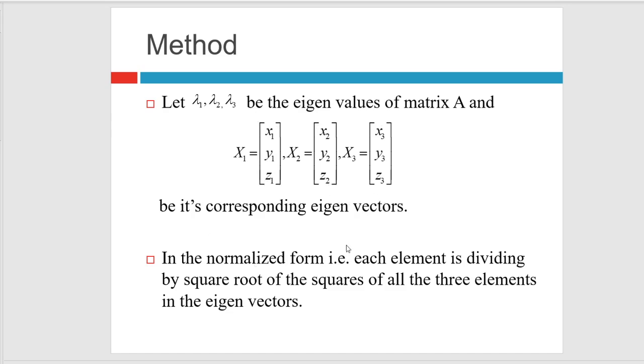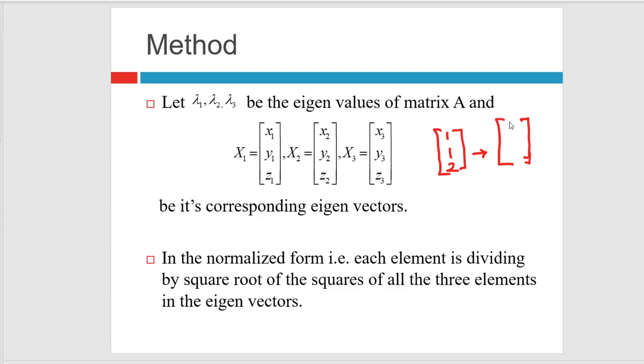Now the normalized form. Suppose here 1, 1, 2 is the eigenvector corresponding to lambda 1. Then the normalized form is given by the sum of the squares of these values. That means 1 square plus 1 square, that means 2, plus 2 square, 4.